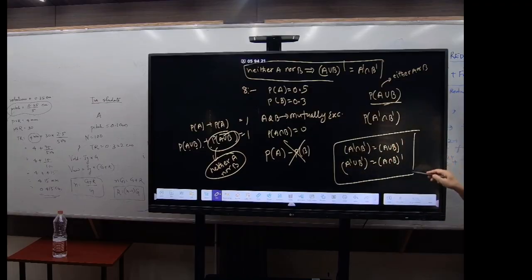Important formula. So this neither means this only. First you write this formula, important.